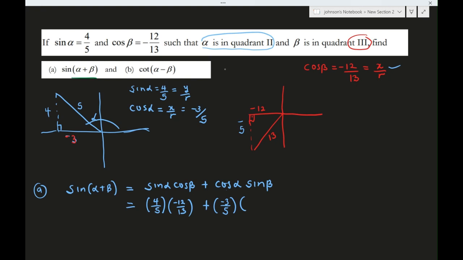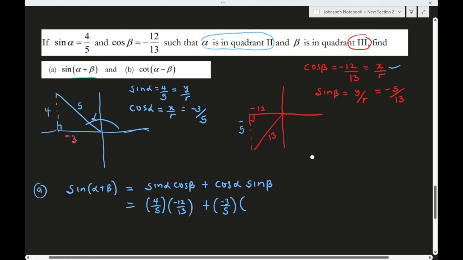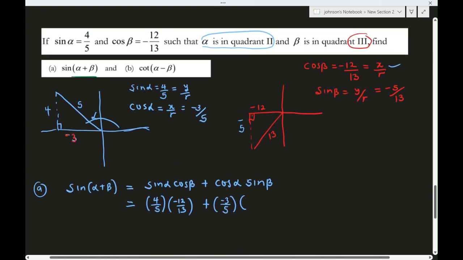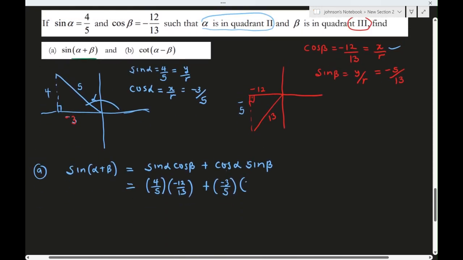We multiply by sine beta, so we need to come here and get sine beta. Sine beta here is going to be y over r, which is minus 5 over 13.